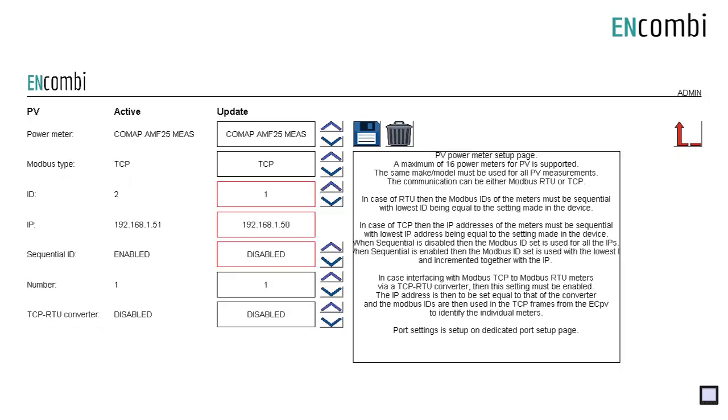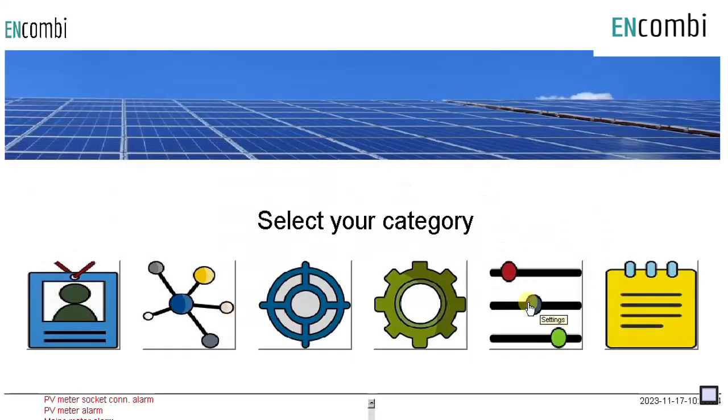The second way is the IP sequence disabled setting. When sequential is disabled, then the Modbus ID set is used for all the IP addresses. Let's check how to set the setting for this situation. Add the first meter.